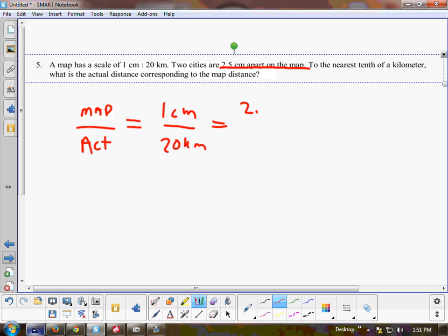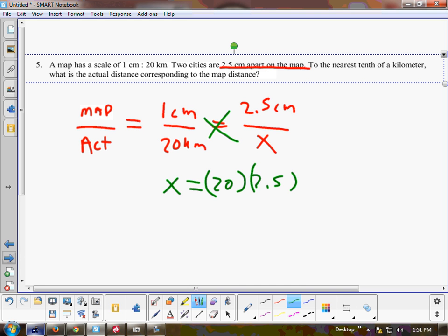So you put that on top for the map, and we're trying to find what they are in real life, the distance in kilometers. So we're going to cross multiply. We don't have to divide here because we get x equals 20 times 2.5. And we get 50 kilometers.